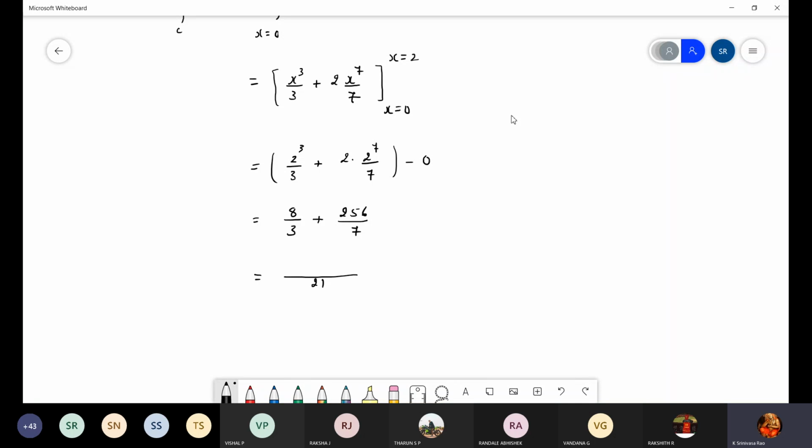So calculate, it gives 56: 3 7s are 21, 7 8s are 56, plus 7 3s are 21, 3 into 256 is 768. So the final answer for the line integral of f dot dr equals how much? 824 by 21. Yes, this is the answer.